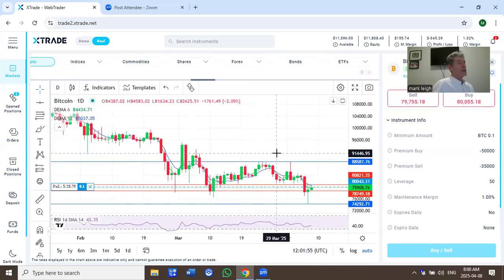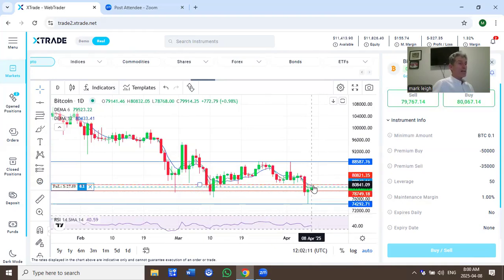And there you can see Bitcoin was sold off, as was everything else following the tariff announcements. And on the weekend, went all the way down to 74.3 thousand, fought its way back, and now kind of going sideways. Overall, the trend is still down. I think the bias is still down.